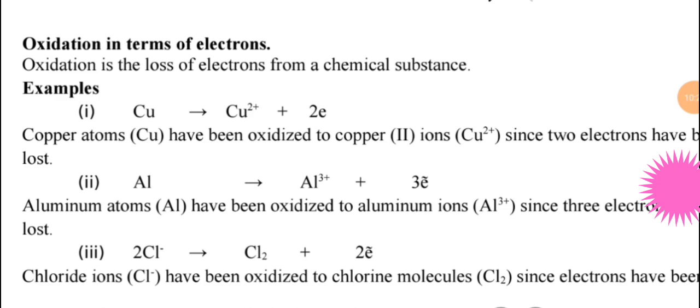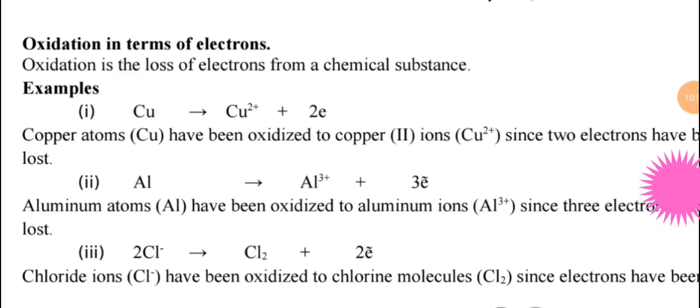Now, every chemical compound is going to have electrons, because every compound is going to be made or created from atoms, and in atoms are electrons.